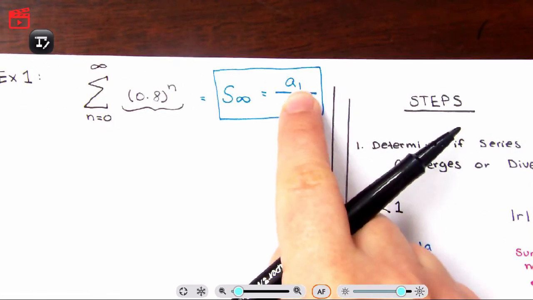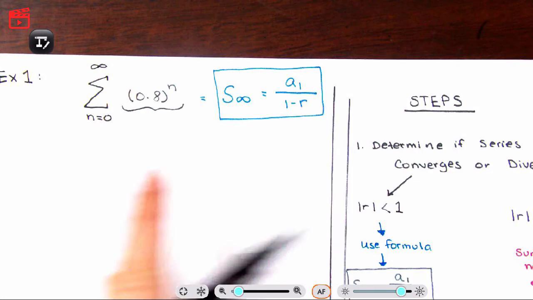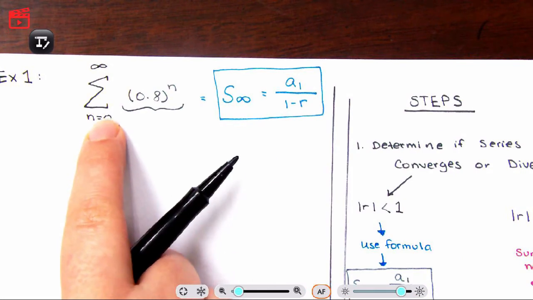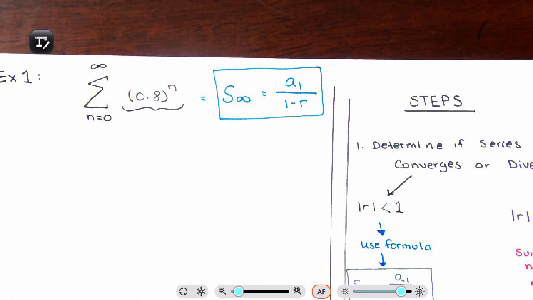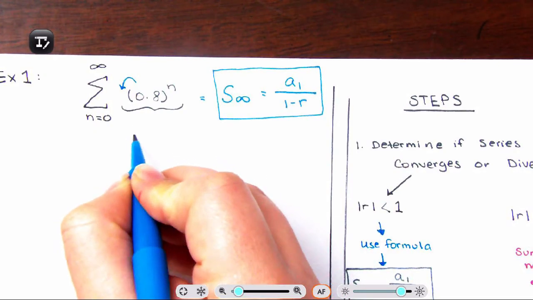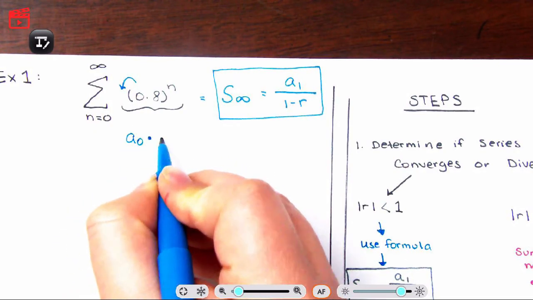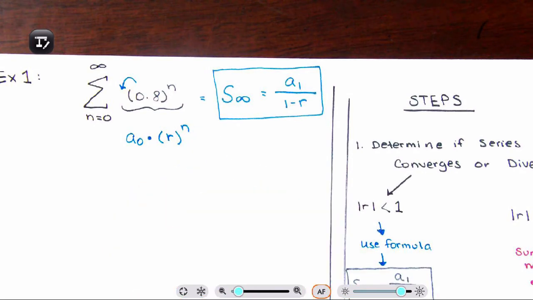It's not a sub 1 as in the term in the first position. It's whatever the first term is. In this case, our first term is in the 0th position. Now, what is the first term in the 0th position? Well, look at the number in front. My formula says I have a sub 0 times r to the n power.